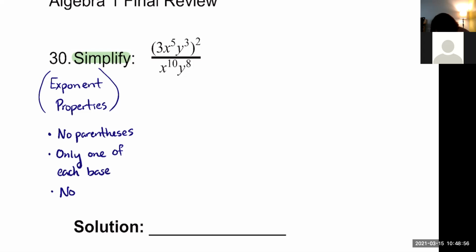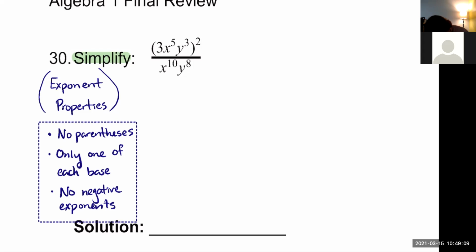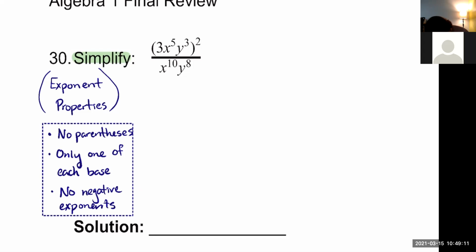And absolutely no negative exponents. If you can ensure those three things, odds are you've probably simplified it efficiently and effectively.